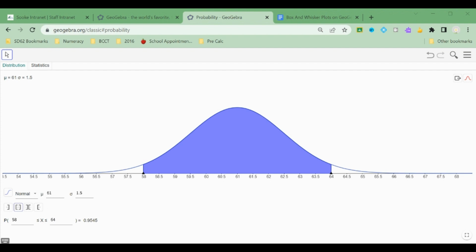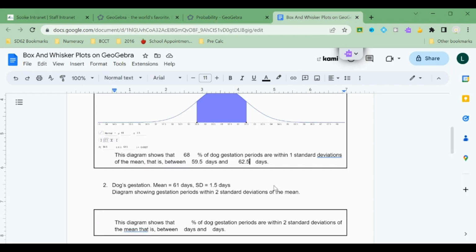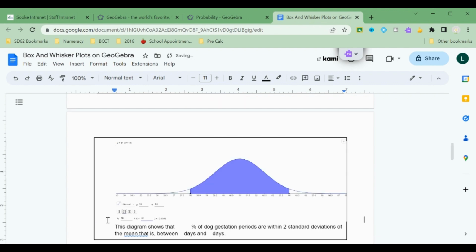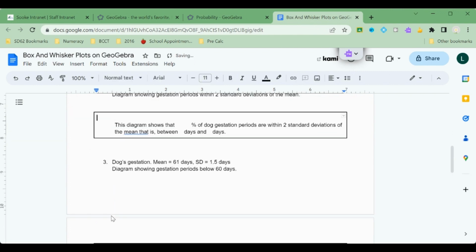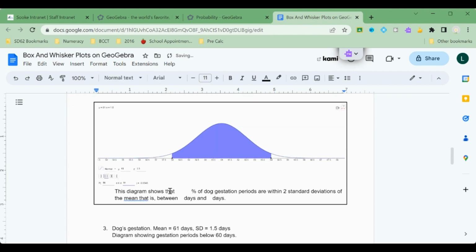Let's take a screenshot and drop that onto the Google Doc. Okay, and now to interpret that, this diagram shows that 95% of dog gestation periods are within two standard deviations of the mean. That is between 58 days and 64 days.